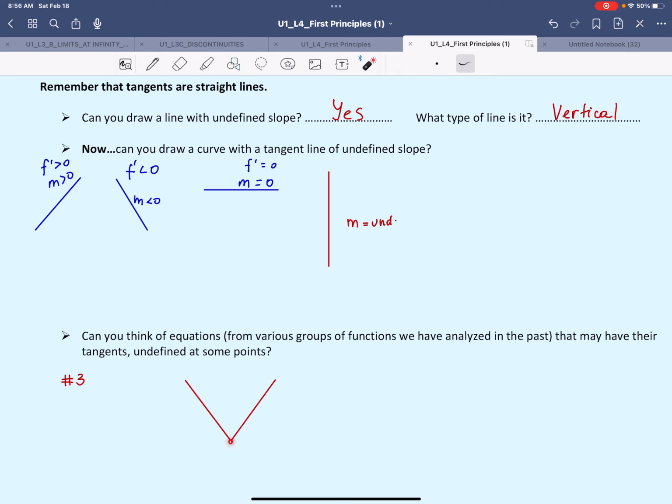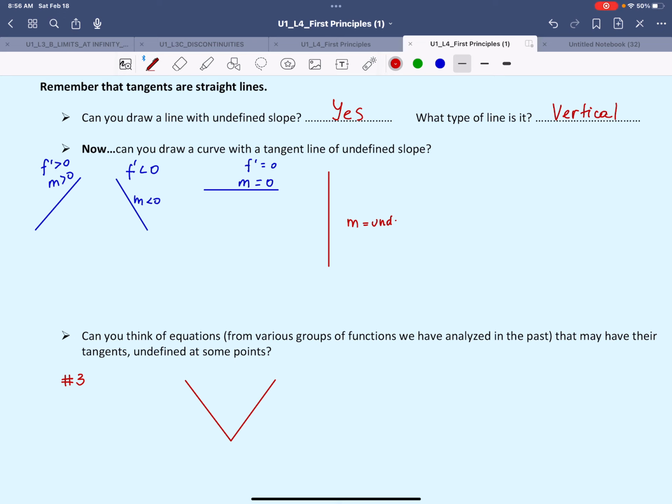If we were to measure the rate of change at this particular point, which in calculus we call a corner, two straight lines connected to each other, then at this very point we wouldn't know if the rate of change would be that of this part of the graph or that of this part of the graph. When we are undecided whether we have to use one value or the other, because two different values exist for the derivative of the function at this point, then we say that the derivative is undefined and the function is non-differentiable.